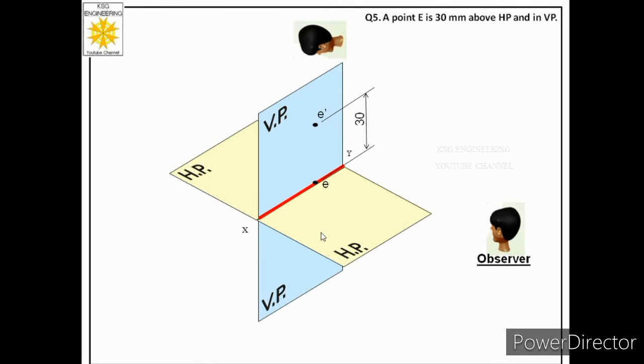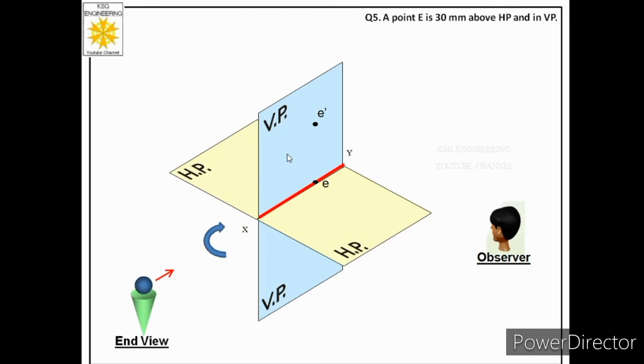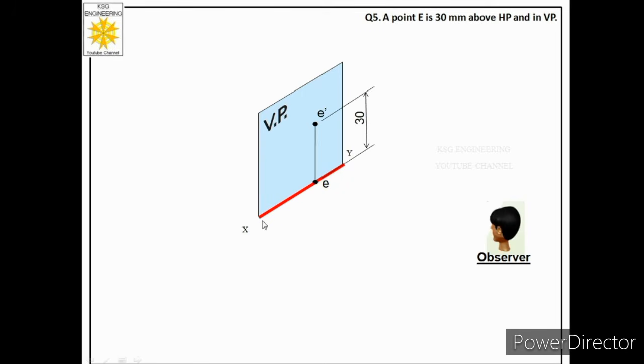So when we rotate HP clockwise to obtain the final solution, there will be no change in the solution, because the point is only in the vertical plane. So we will ignore HP totally and only consider that half of VP which is above HP. Our final solution will be this only.